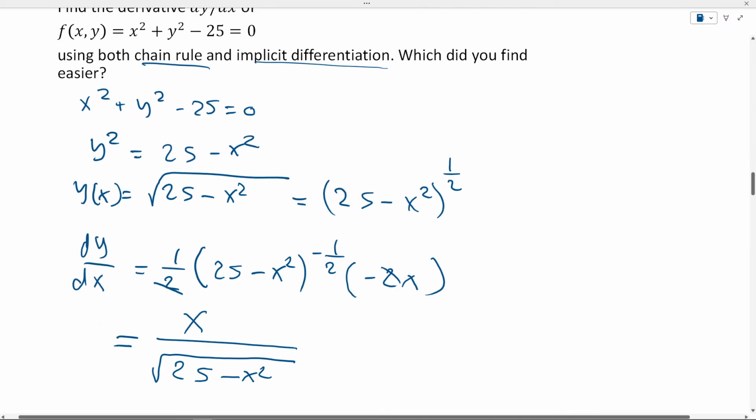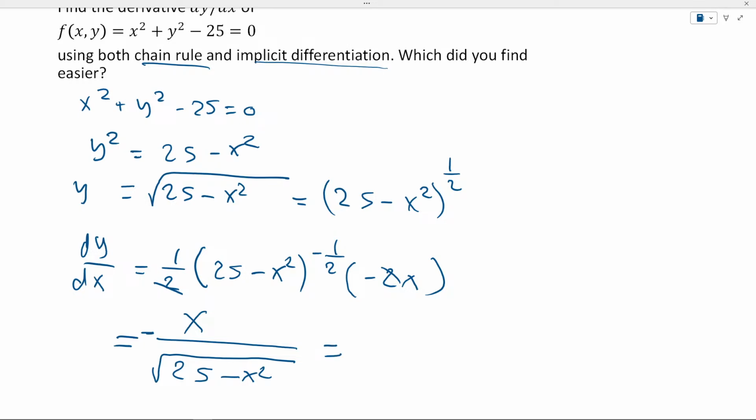Remember, this is my y here. Remember, my y is equal to the square root of 25 minus x squared, and I forgot the negative, so this is the careless mistake that we make in the exams. So here that would be equal to minus x over y.